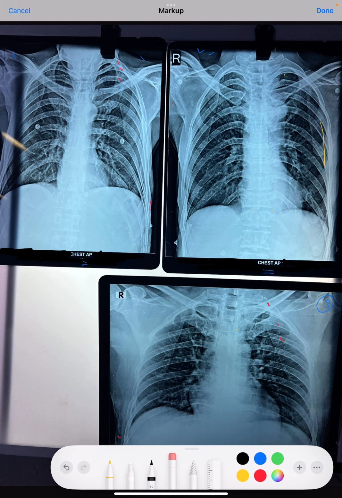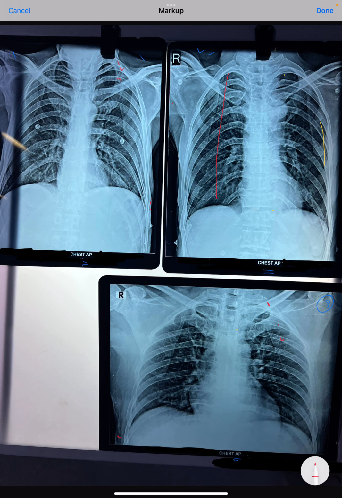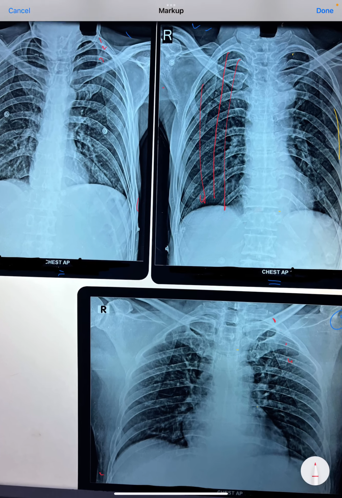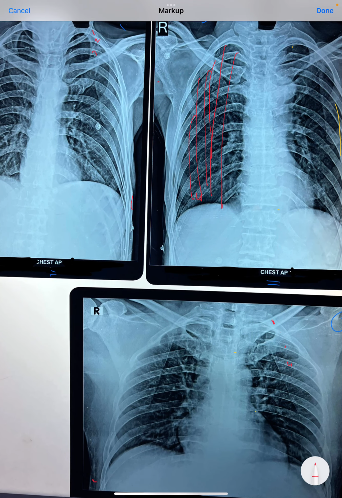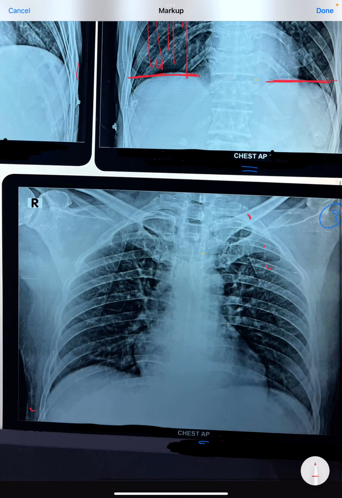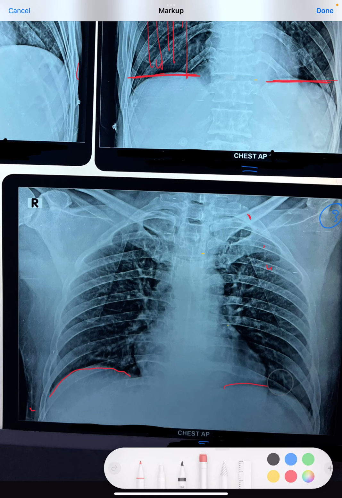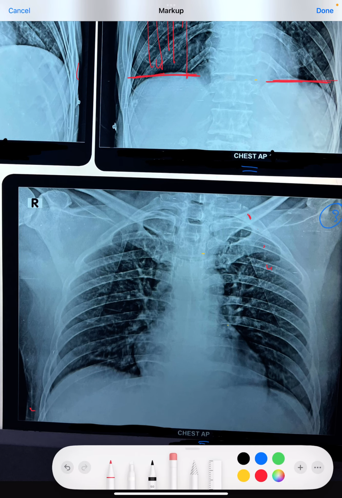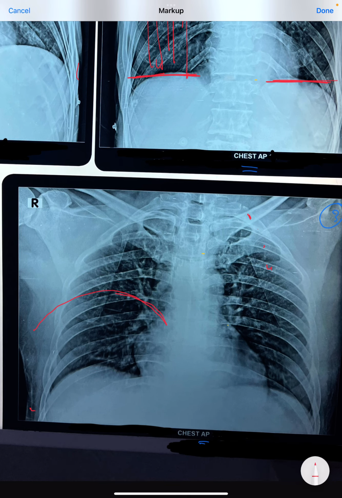And the fourth, one of the most important factors, is that hyperinflation of the lung can be objectified by flattening of the diaphragm: the more the air, the more the hyperinflation, and it will cause flattening of the diaphragm. Now we know that the right-sided dome is higher than the left-sided dome, and we call it a dome of the diaphragm because a dome should have a convex, round margin. It should be like this.